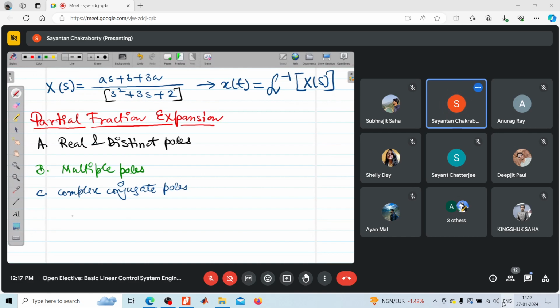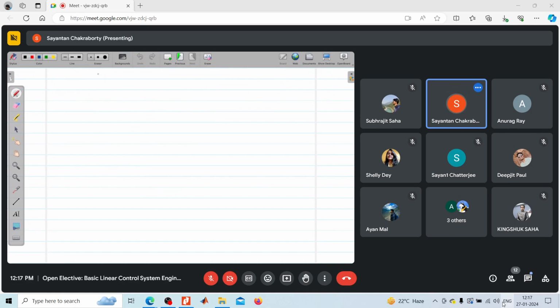Okay, so let us start with the first case. If we have F(s), say F(s) or X(s), involving distinct poles only, then what we will do?